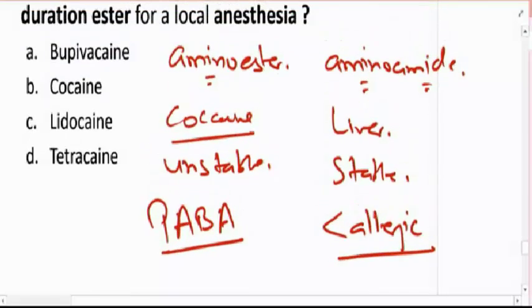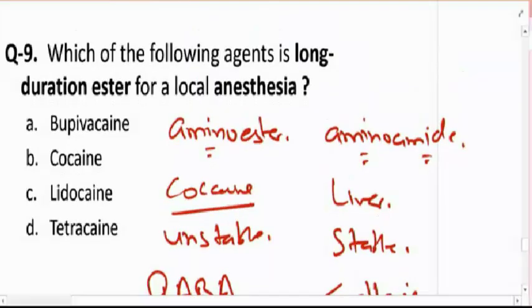So as I told you, bupivacaine contains two I's, so it is an amide. Cocaine is an ester, but it is intermediate acting. We are looking for a long duration. Lignocaine is an amide.